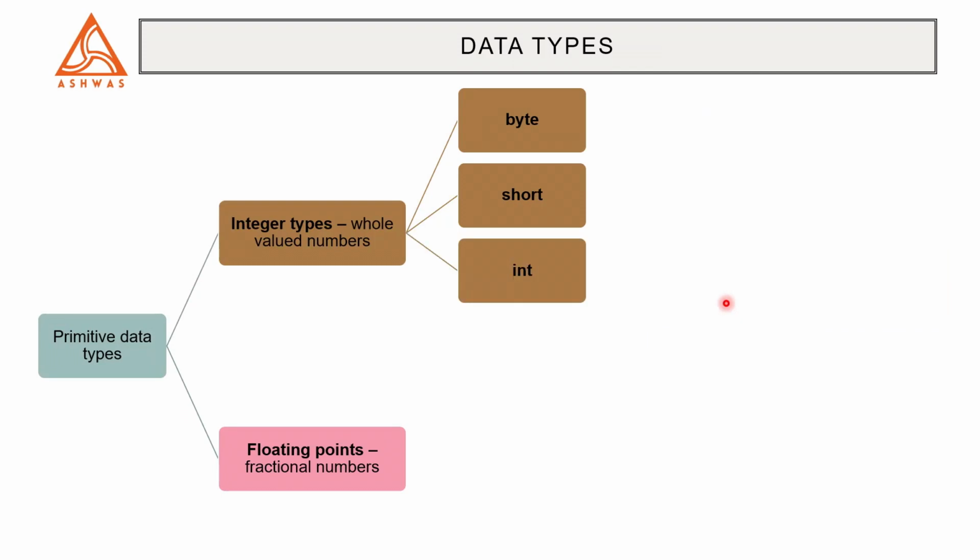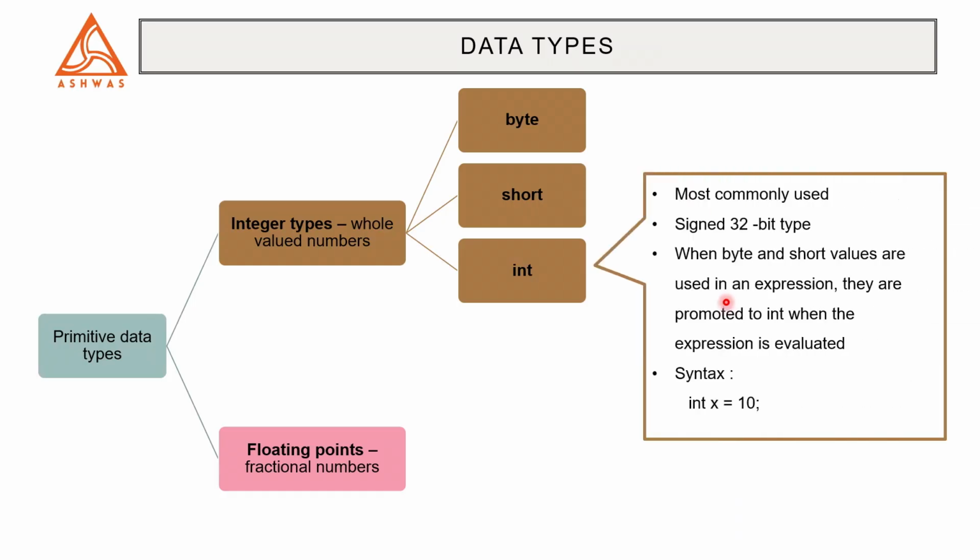And then we have a very famous data type, int. We tend to use this commonly if we have to store any integer value. It is a 32-bit type, and when byte and short values are used in an expression, they are promoted to int whenever the expression is evaluated. We will talk about this when we come to type conversions.